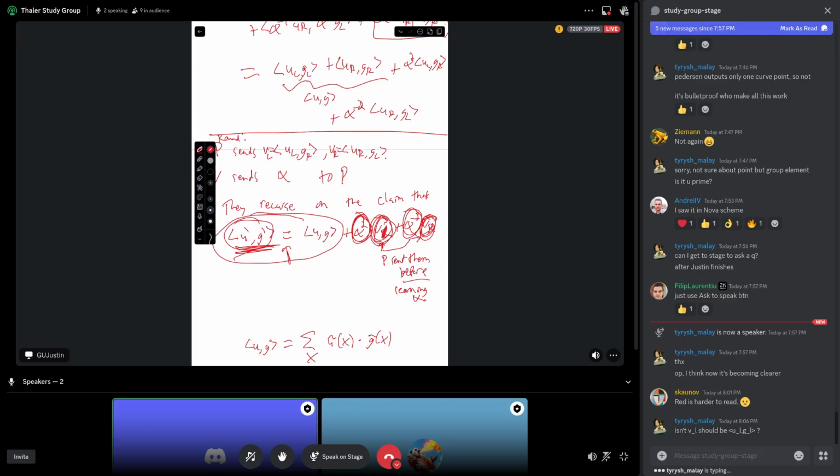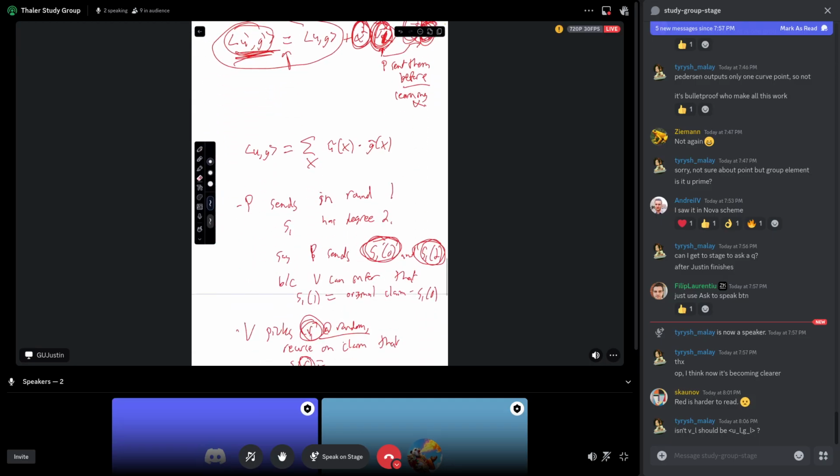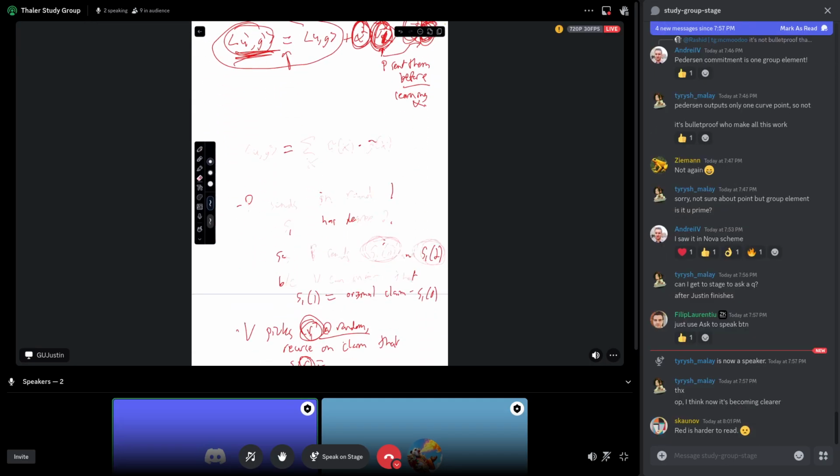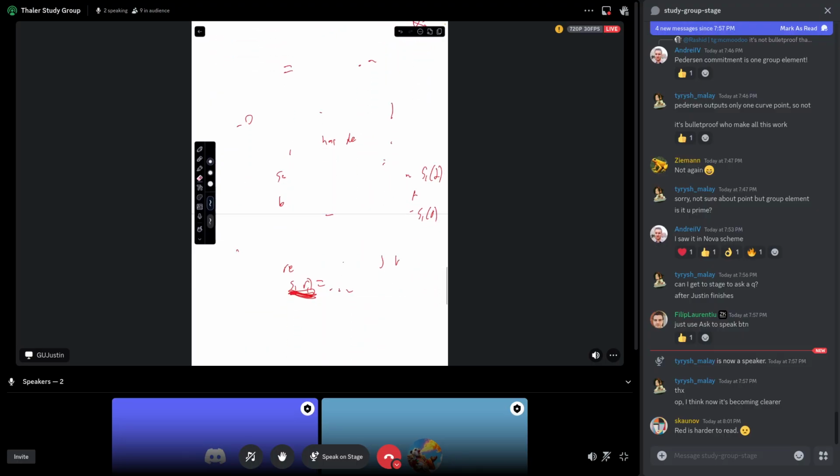So it's really important for security that the prover in the Bulletproofs protocol sends the cross terms before it learns alpha. If not, it can cheat and break security. So that is round one of Bulletproofs, but all the other rounds are analogous.